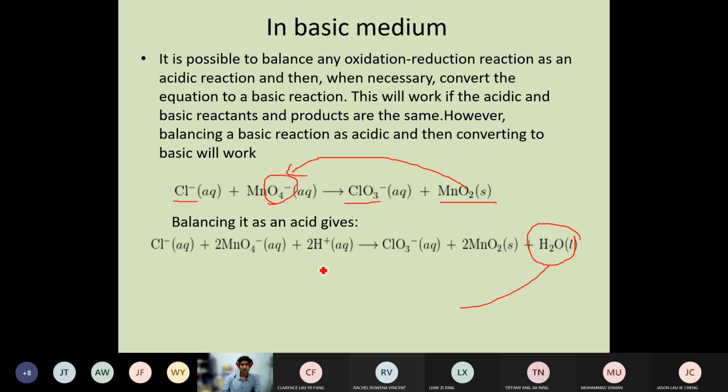Later on, you just add hydrogen ion to make sure that the hydrogen and oxygen ratio is the same in the reaction. If there is oxygen, balance it with water, and then add hydrogen. It doesn't matter if it's an acid or base.